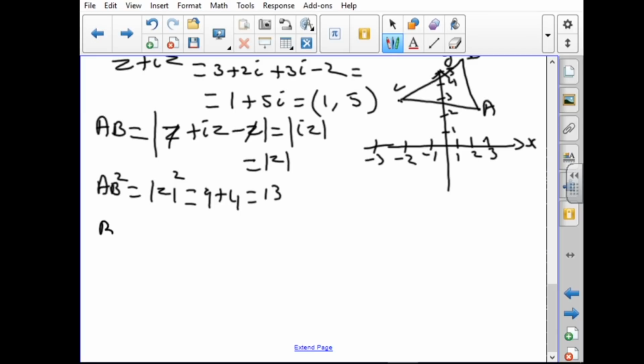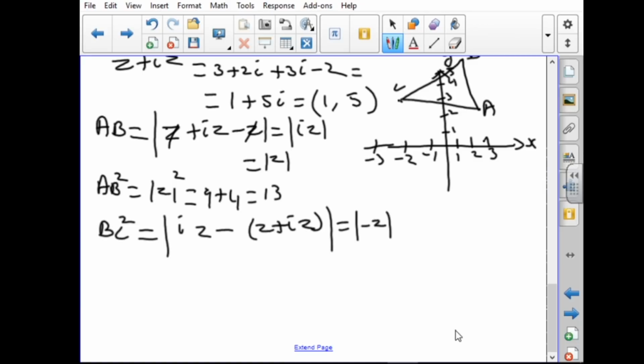Then BC square: BC is iz minus (z plus iz), which gives us modulus of minus z.